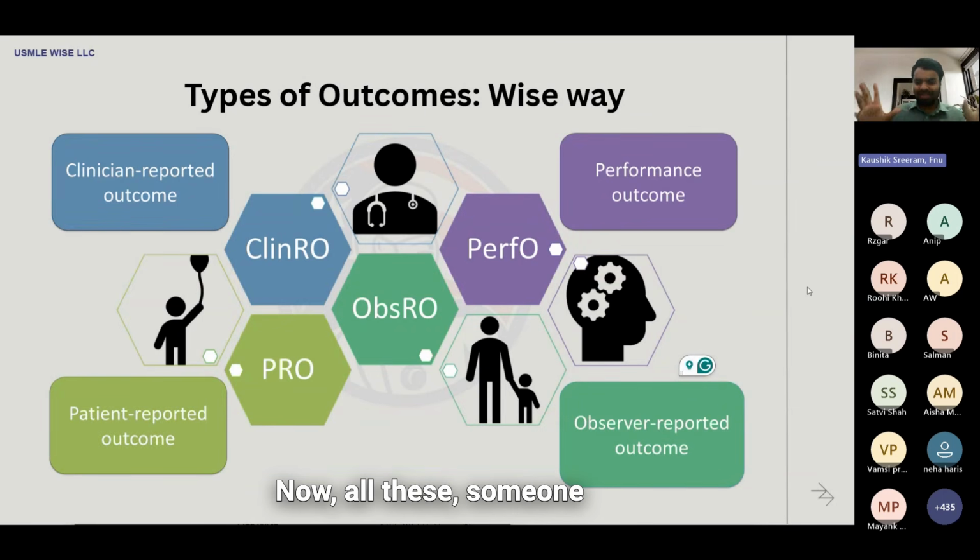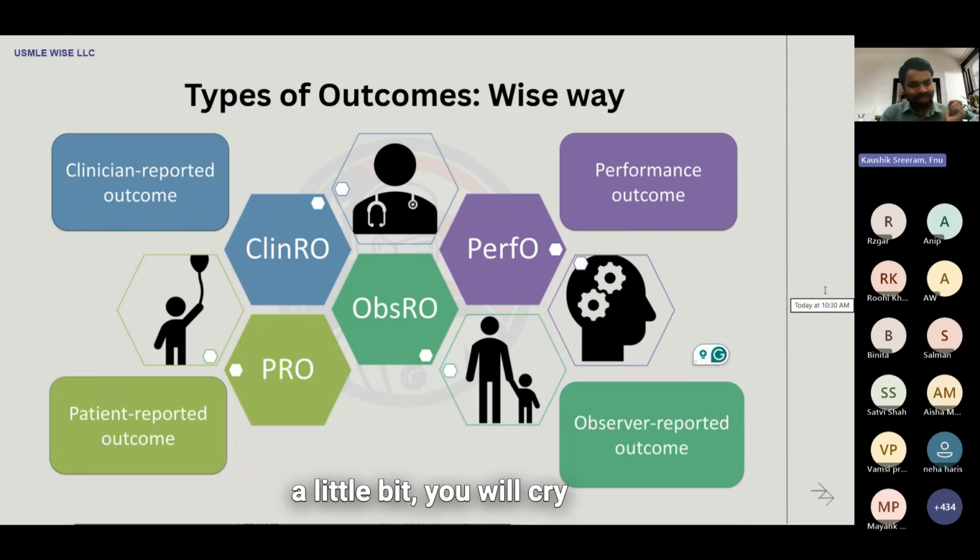Now, in all these, someone else was observing the patient, right? What the FDA is telling you is, okay, you have done everything. I want you to ask the patient about their lived experience, right? I like to highlight, my mom used to always tell this to me: if you get hurt a little bit, you will cry more than your sister.